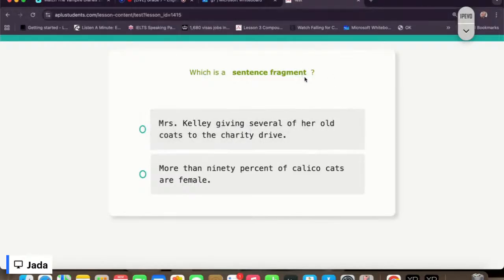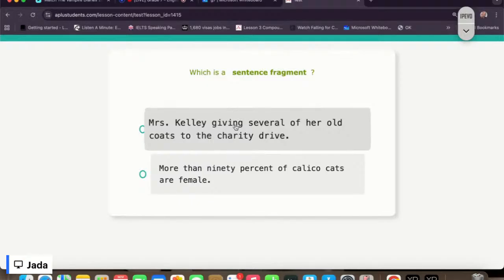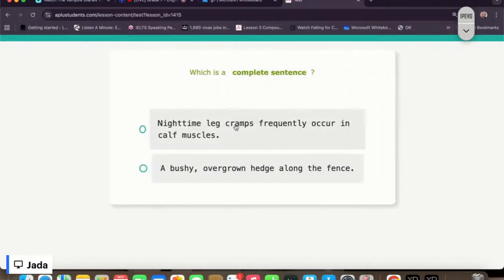All right, so we have: "Mrs. Kelly giving several of her old coats to the charity." So the first one. So which is a complete sentence?